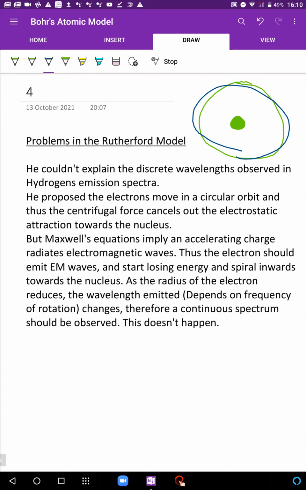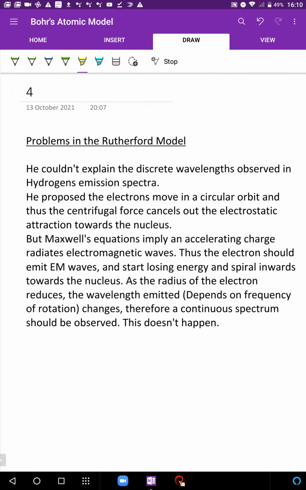This was his model, and we know there are some problems with it, and we'll come to those. But because he didn't have any concept of different orbits and different energy levels, he just could not explain why we see the hydrogen spectrum.